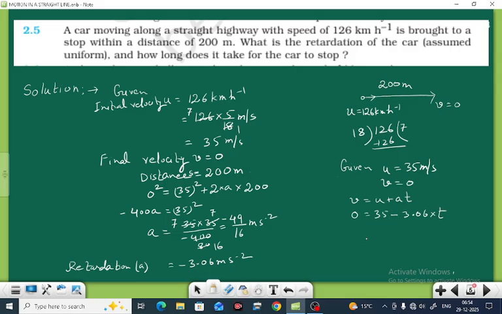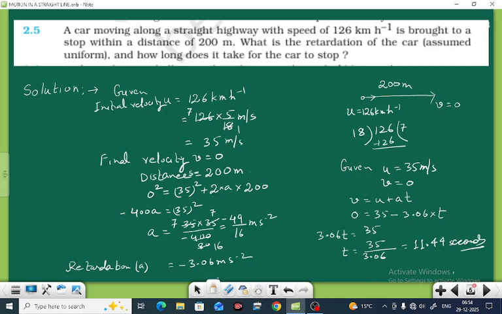Therefore, we are getting 3.06 t is equal to 35. So the time t we require is 35 divided by 3.06. If we divide 35 by 3.06, we get a value 11.44 second. This is the answer.